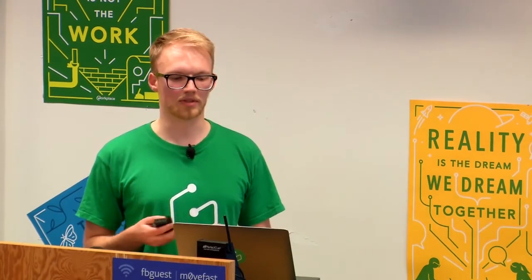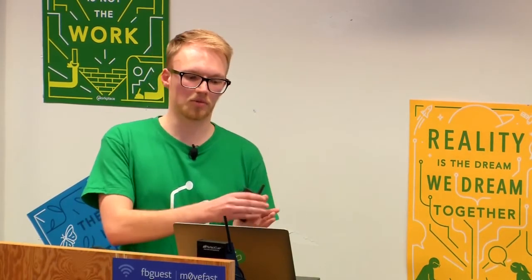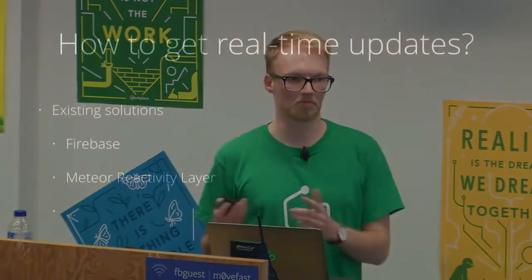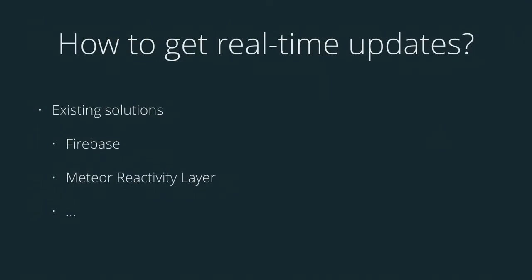I think I don't have to dive into all of the big benefits of why GraphQL is great and solves a lot of problems, but how do we move ahead from this request-response pattern to make it work in real time? How does real time work today?